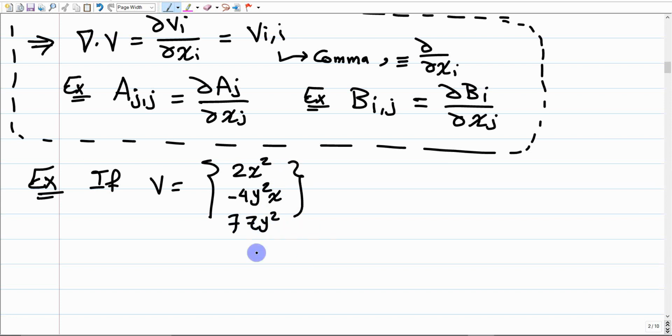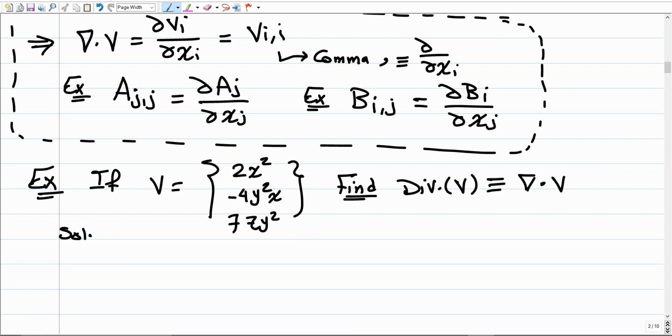So this is the conventional form of a vector as we agreed, where this is the x component, this is the y component, and this is the z component of the same vector. We are required to find the divergence of v. This should be equivalent to nabla dot v. How much is it?